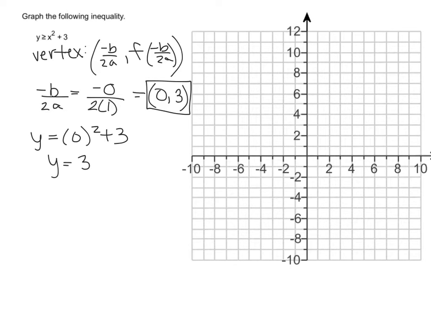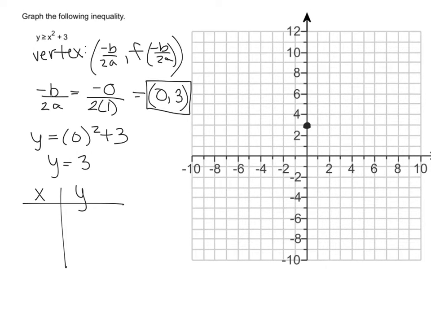Now I want to find two other values. I want to find a point on the right side of the vertex and a point on the left side of the vertex. So if my vertex is (0, 3), that would be here. So I want to test x equals 1 and x equals negative 1.